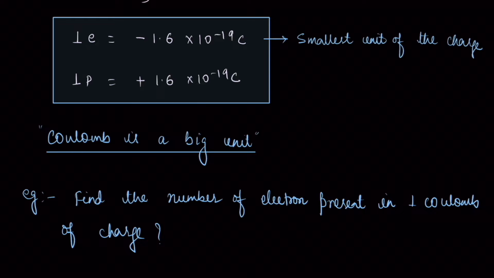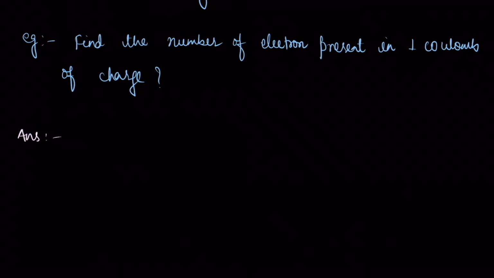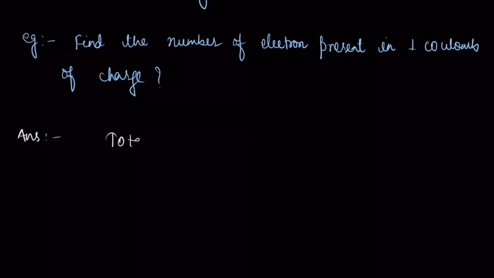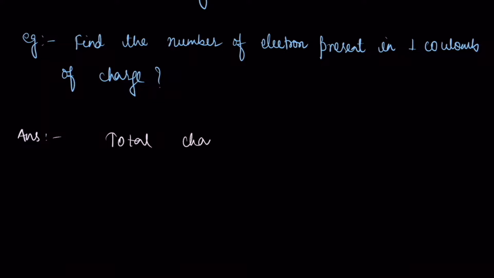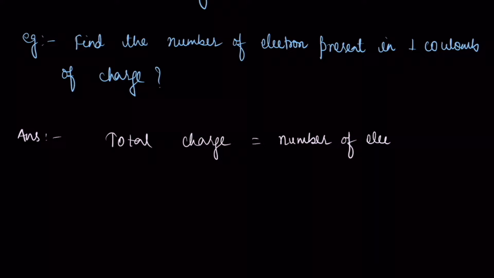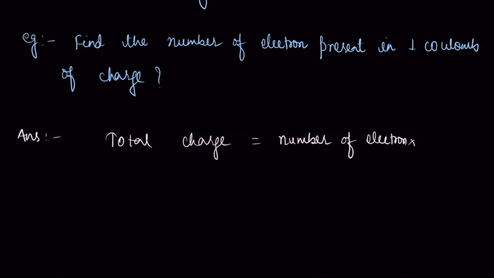It means nothing is smaller than the charge of an electron. If we have to find the total charge, it is equal to the number of electrons into the charge of one electron.